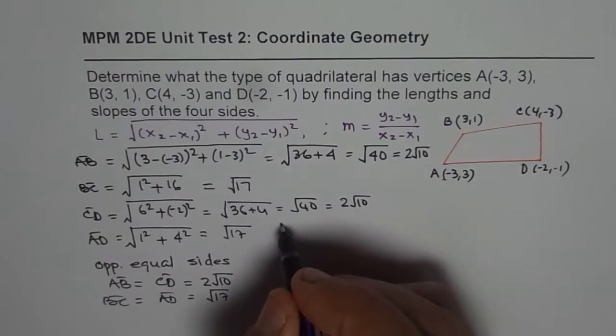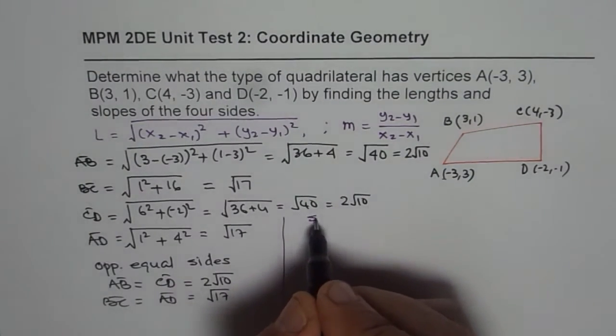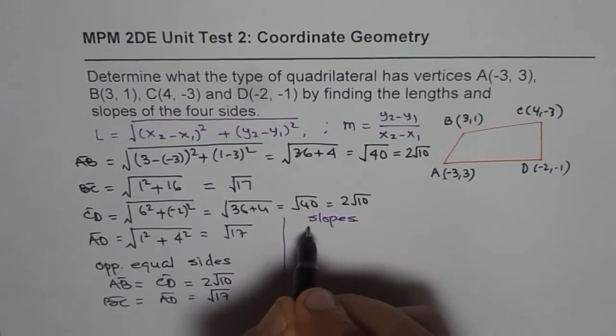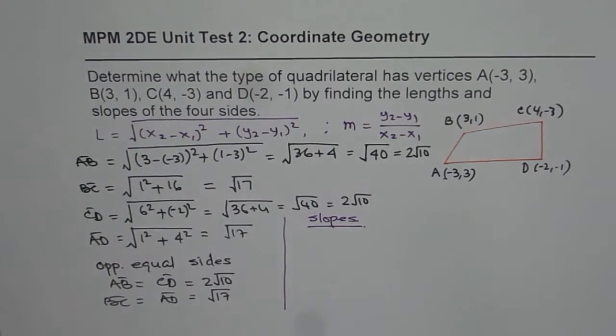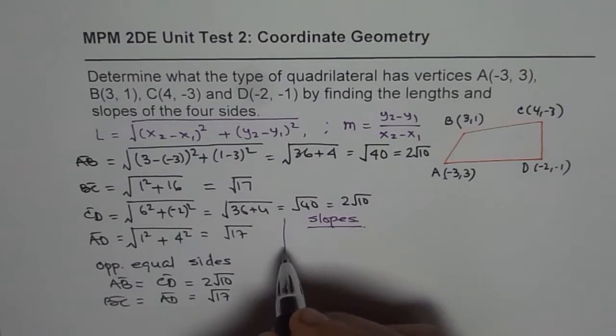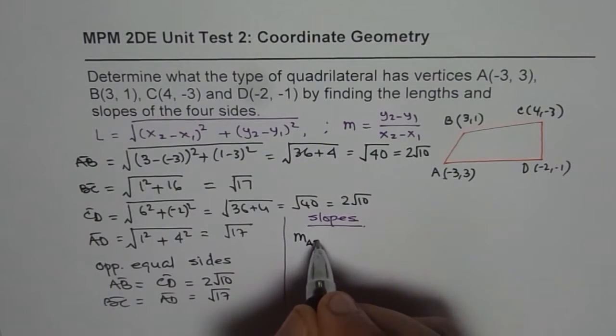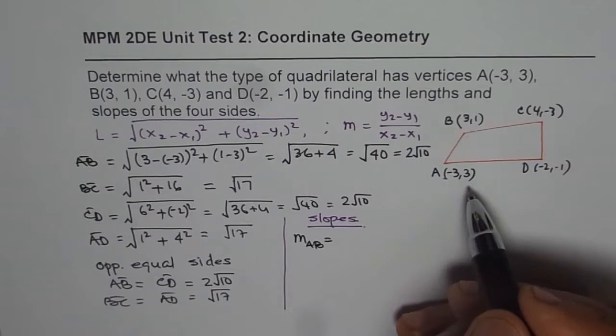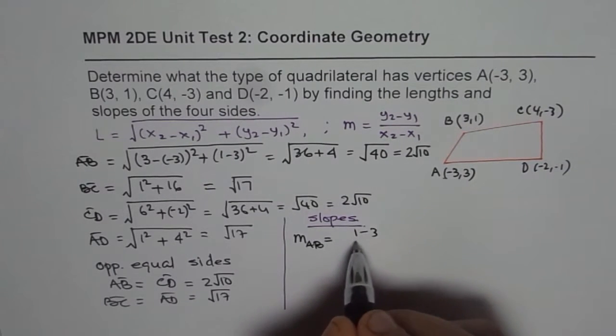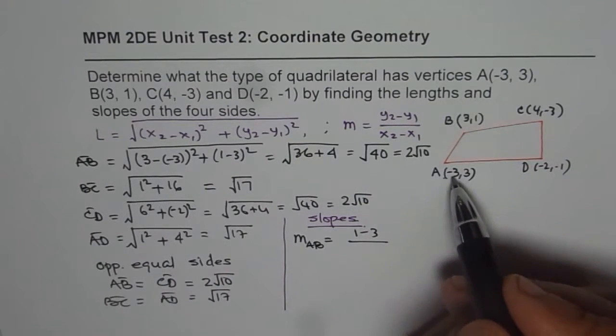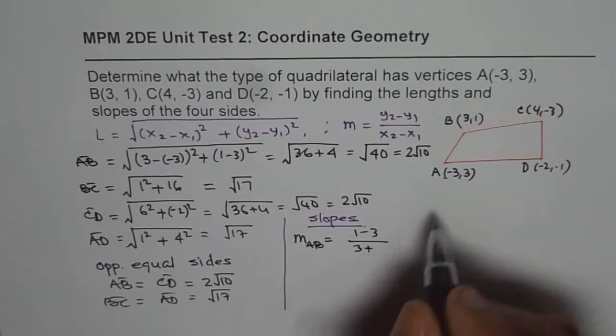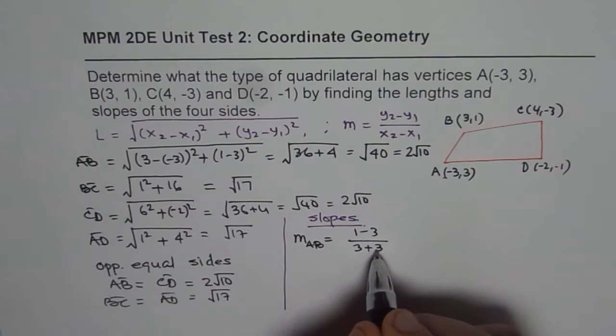The second part is, let's now check the slopes, right? So let's find the slope of AB. Slope AB is equal to y2 minus y1, so it is 1 minus 3, divided by x2 minus x1, which is 3 plus 3.